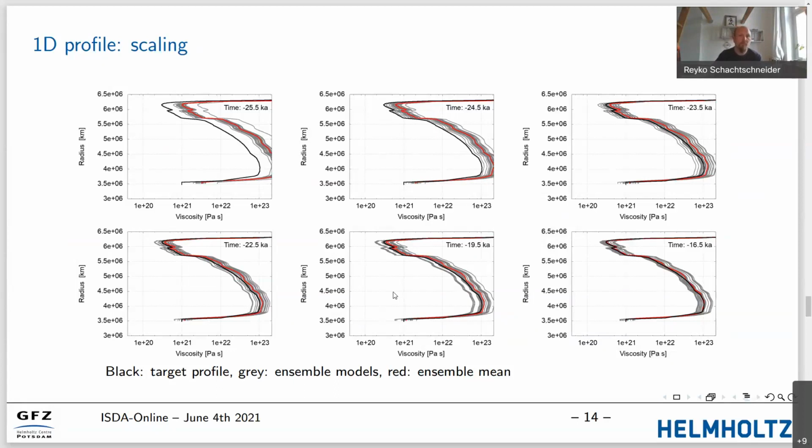So the goal was to find an algorithm that can find the correct distribution of the viscosity, even if the initial guess is far off the true value.